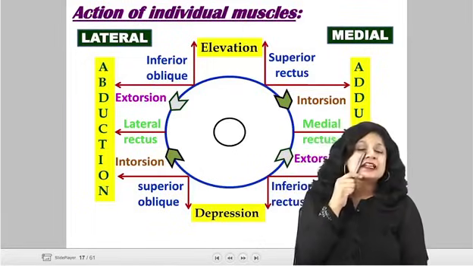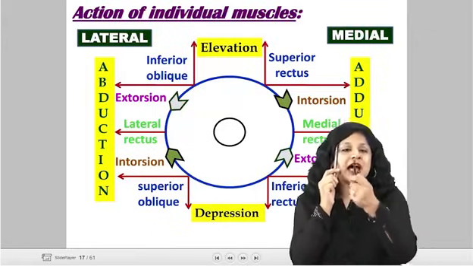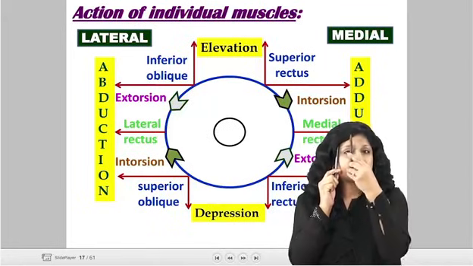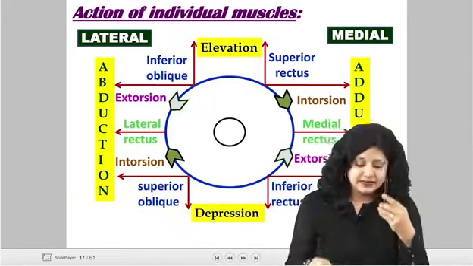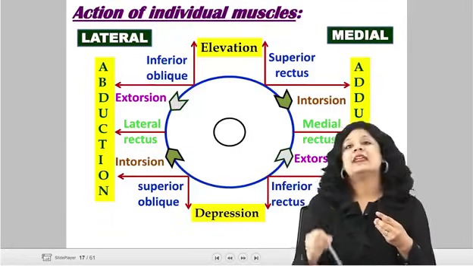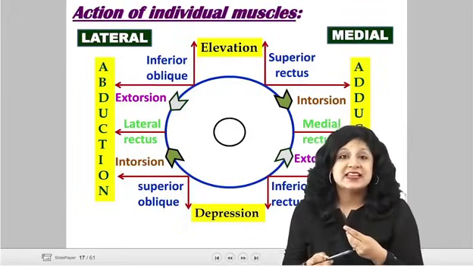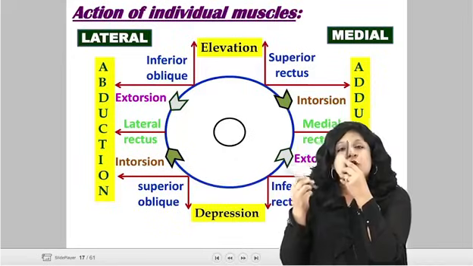While the obliques work best in the medial position, the adducted eye. So now the eye is coming here like this. So obliques are here, and can you see inferior oblique is on the upper side and superior oblique is on the lower side. The reason is that the inferior oblique will elevate here. So what is done now?